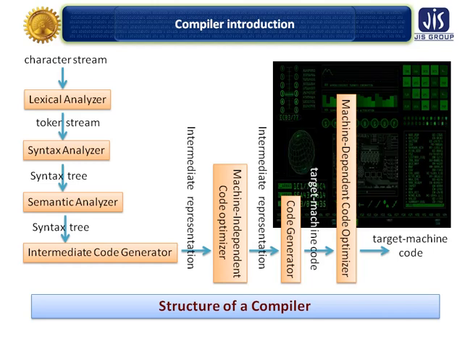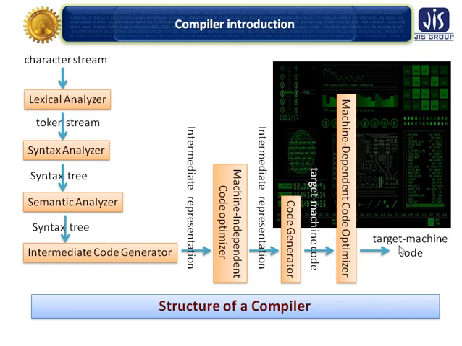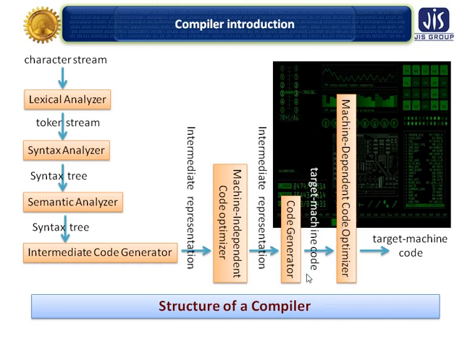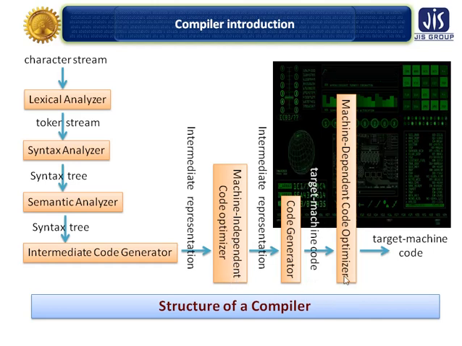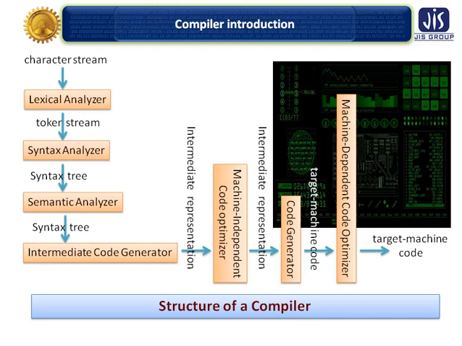So one or the other of the two optimization phases is shown in this diagram. The machine dependent code optimizer is there. The machine independent code optimizer is there. Basically they will optimize the code and make it ready for the target machine.